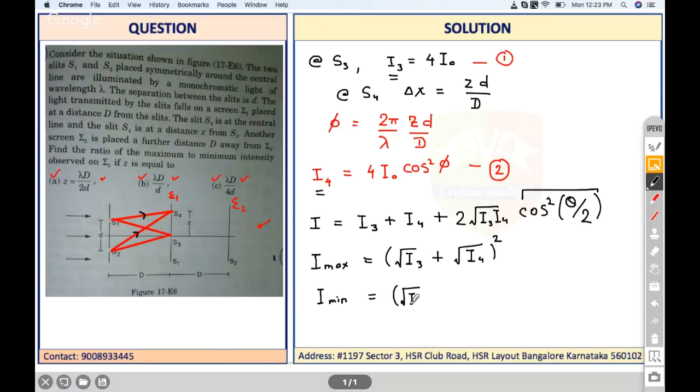And here I minimum will be root I3 minus root I4, the whole square. You can treat I3 as root I3 whole square. So when cos becomes minus 1, it becomes root I3 whole square plus root I4 whole square minus 2 root I3 I4, which is nothing but root I3 minus root I4 whole square. Like this, you can get the minimum and maximum values, and just substitute the values of Z and you will get the exact values.